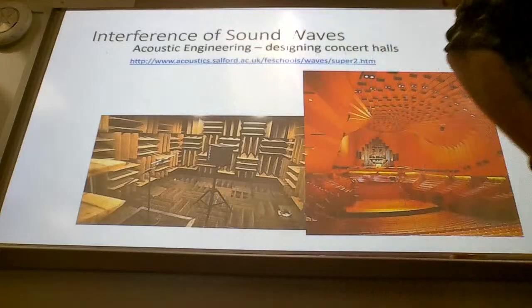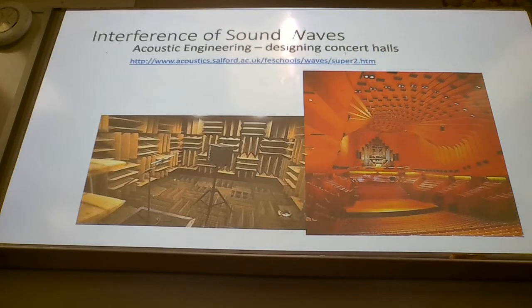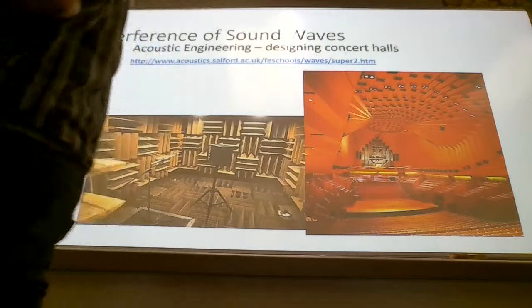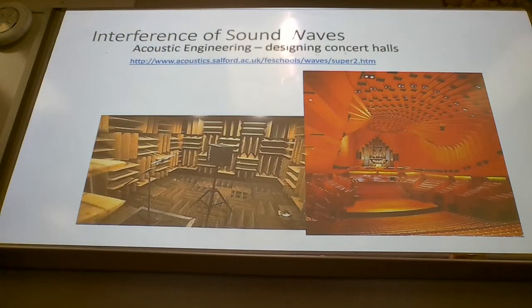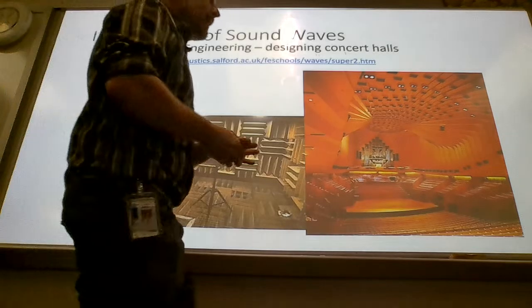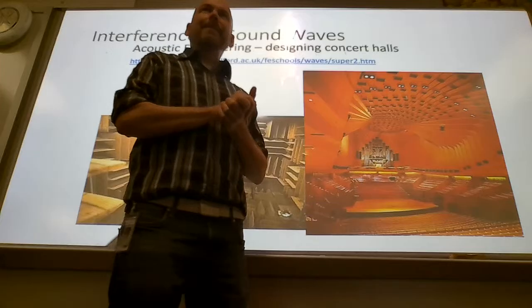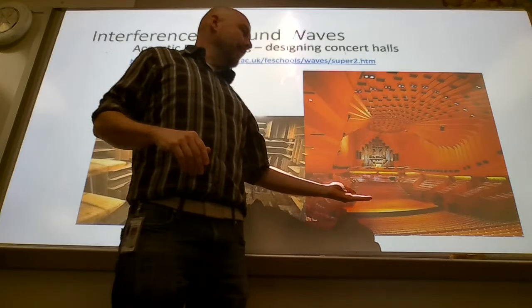This is the inside of the Opera House in Sydney, Australia, and the architecture in auditoriums is different. You might think it's cool looking, you might think it's weird looking. There's purpose behind the way they're shaped.